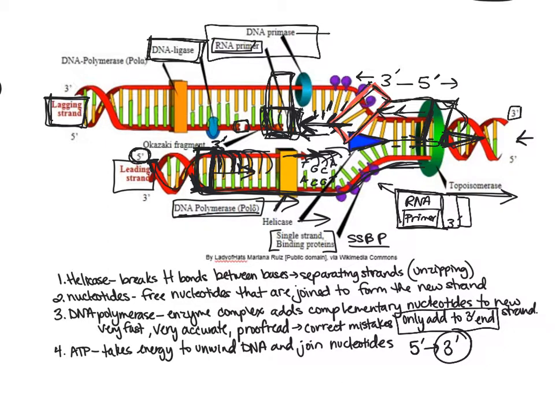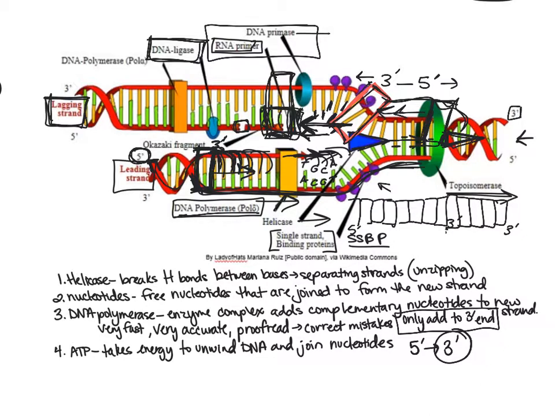Then, after we've built our DNA going this direction, we bump into this RNA primer, we get rid of the RNA primer, and then we add in actual DNA nucleotides to that piece. Then these pieces are attached and everything is fine, 5' to 3'.